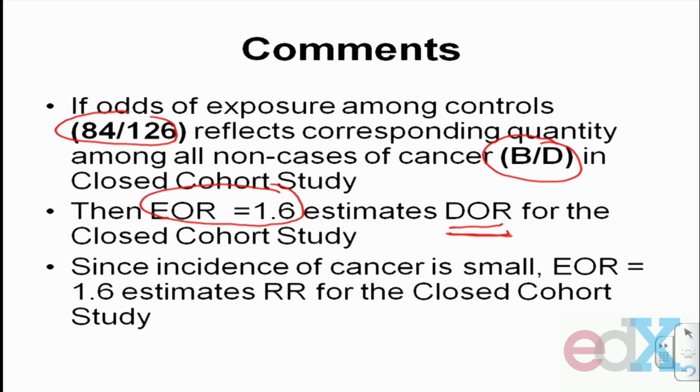And finally, since only 111 people out of the 4,480 developed cancer, the incidence of cancer is small. Therefore, the disease odds ratio in that closed cohort should estimate the risk ratio in that closed cohort. And finally, the exposure odds ratio, therefore, is not just estimating the disease odds ratio, it's estimating what the risk ratio would have been in that full cohort study.